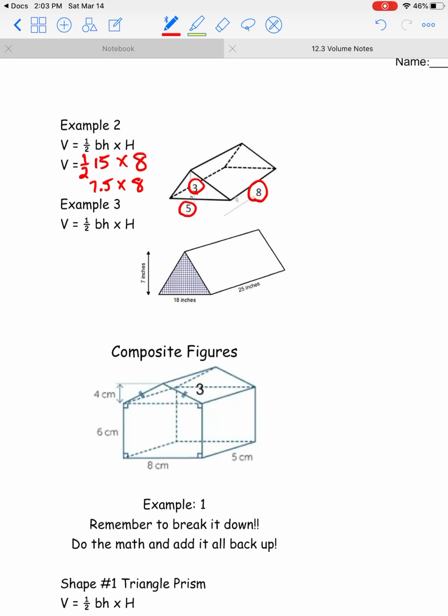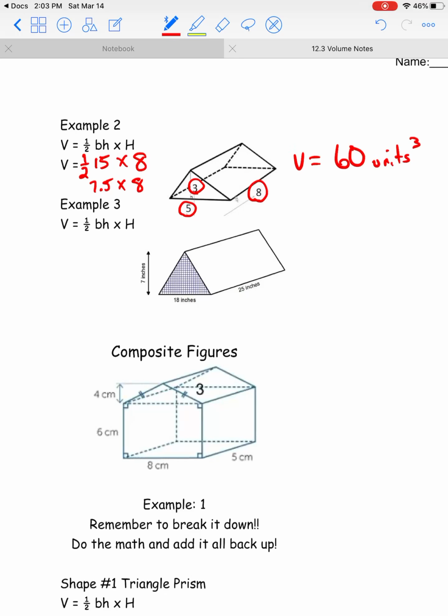And that will be 7.5 times 8, which gives you volume equal to 60. Now we don't have any units on here, so we'll say units cubed. Remember, it's cubed, right? We're talking about volume, not area.